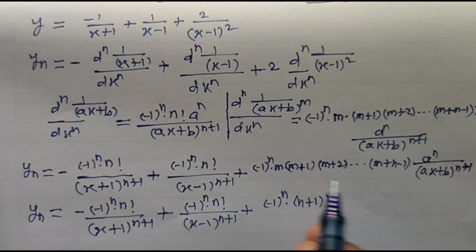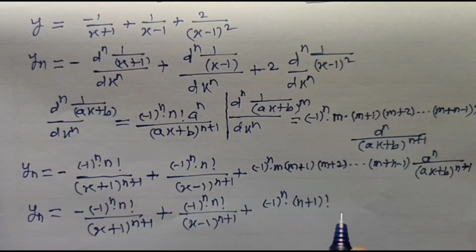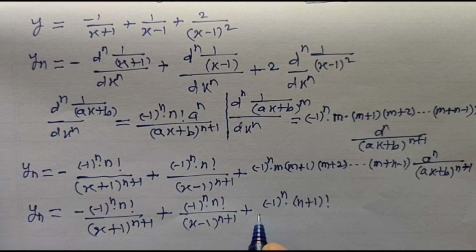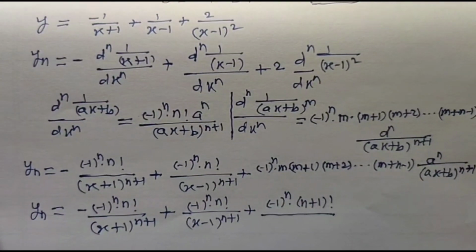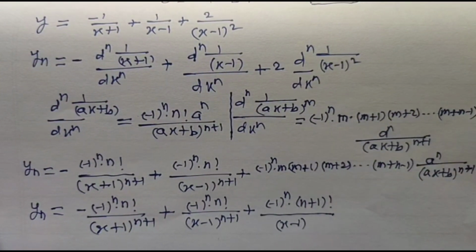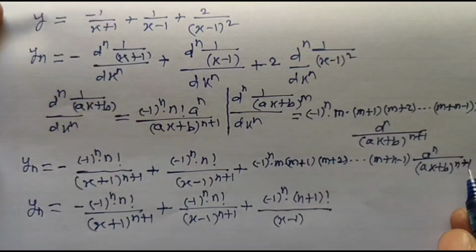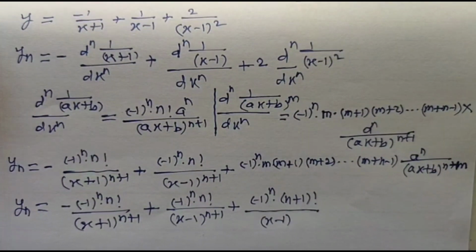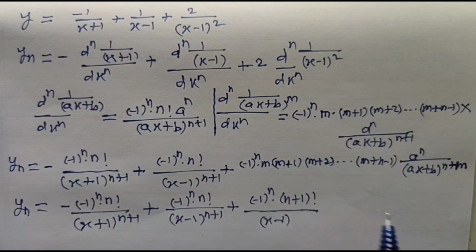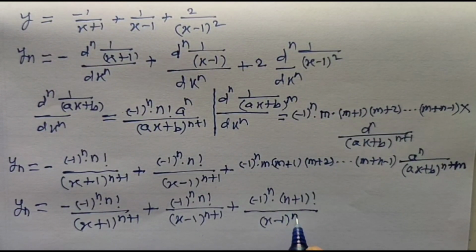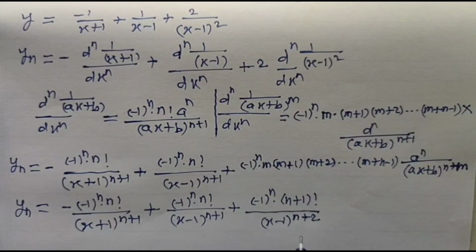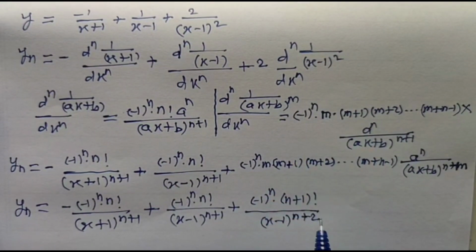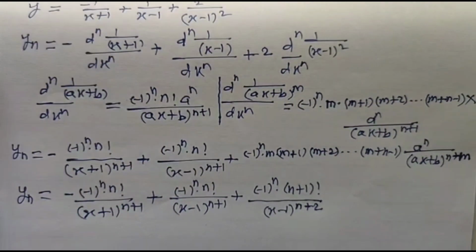A is the coefficient of x and the coefficient of x is 1, so 1 to the power n is 1, divided by (x minus 1) to the power m plus n, not n plus m. Okay, make this correction, n plus m, in this formula. So m is 2, n plus 2. This is the nth derivative of 1 upon (x minus 1) square. M is 2, n plus m, that is n plus 2. Yn is equal to this.